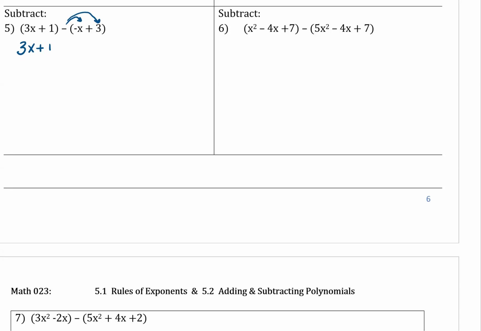The negative has to be distributed so that we are subtracting. So this would become a positive x and a negative 3. Now, when I combine like terms, I have 4x minus 2.